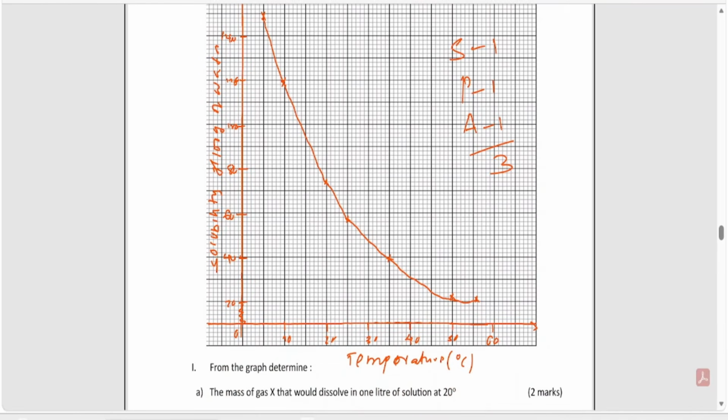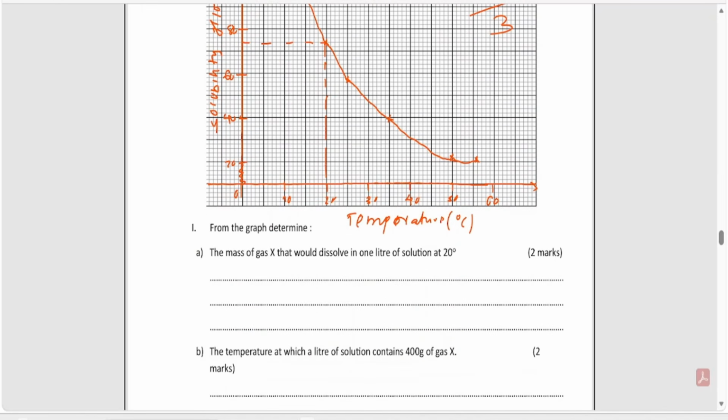I pick my ruler and determine the solubility at 20 degrees Celsius. I notice that the solubility is 74 grams per 100 grams of water.